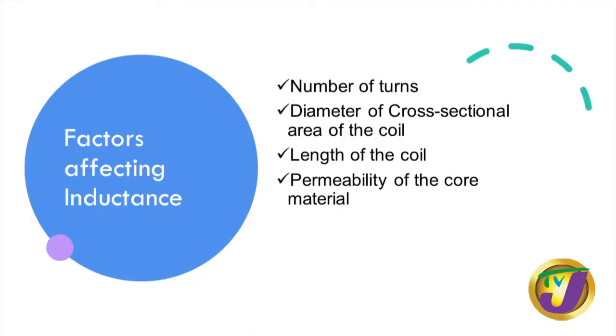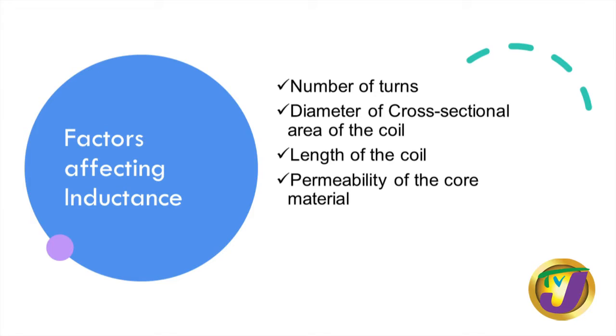So that would have to do, like bringing back to our depiction of the inductor, you see that it is made up of a number of turns of the coil, right? Now, depending on the amount of turns around the core, that directly impacts the value of inductance produced by the coil.